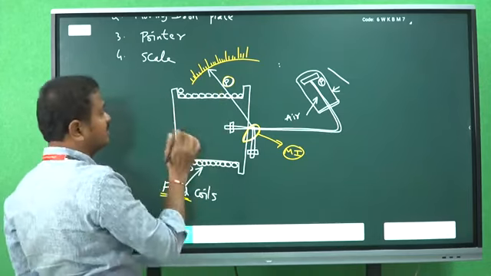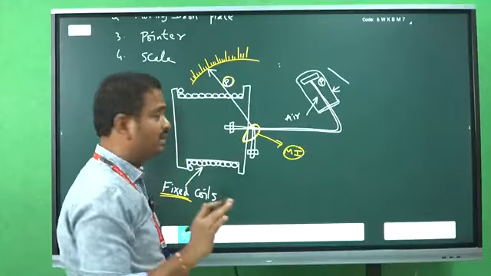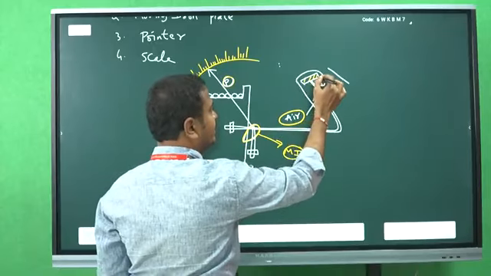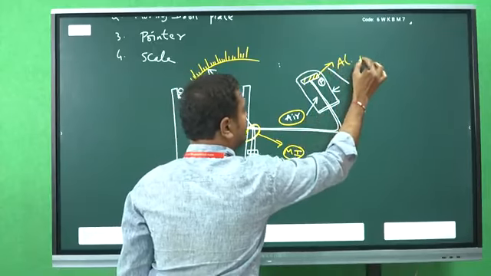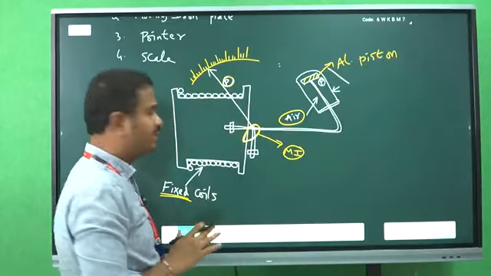Clear? So this is the magnetic system, nothing but the deflecting system. And the third one is the damping system. Here we are using air friction damping, with an aluminum piston inside a closed chamber.